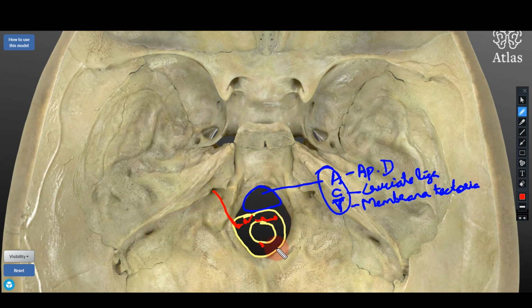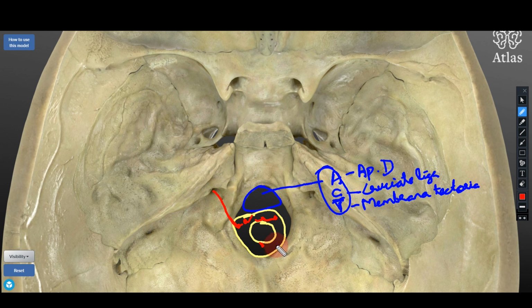You also have the meninges surrounding the medulla and the spinal cord. That is the pia, arachnoid, and the dura mater, which will also run through the foramen magnum. Some textbooks also say the tonsils of the cerebellum. Now, that is technically incorrect. The tonsil of the cerebellum cannot pass through the foramen magnum.